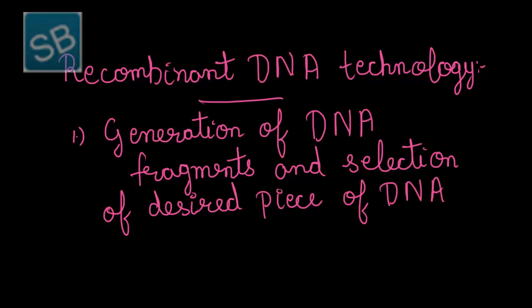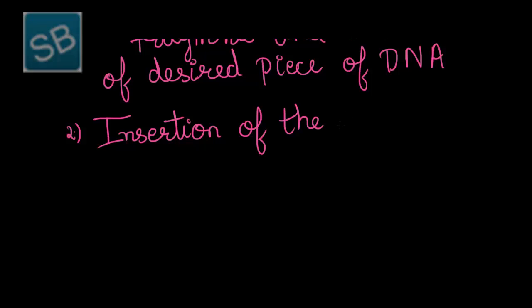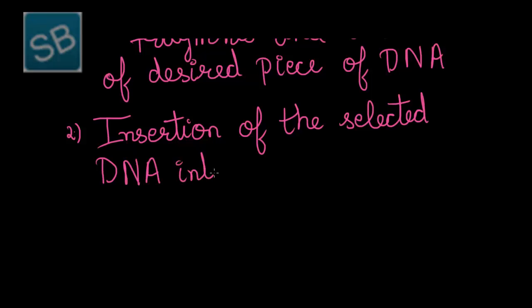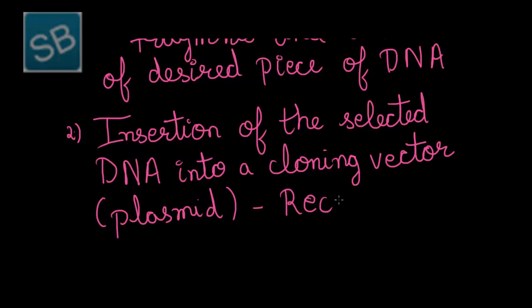The second point is insertion of this selected DNA into a cloning vector, which is generally in the form of a plasmid, which helps in the creation of recombinant DNA.